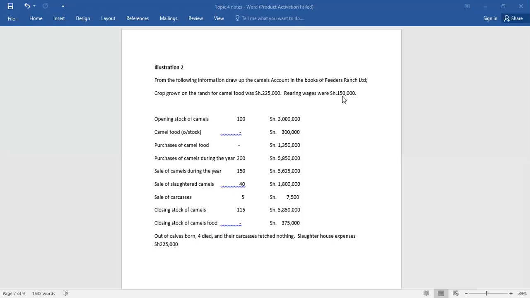Rose Nderito, we have Judy Nzioka. I'm waiting for the figure of the net profit, guys, for the camel account. Is there any contentious entry?